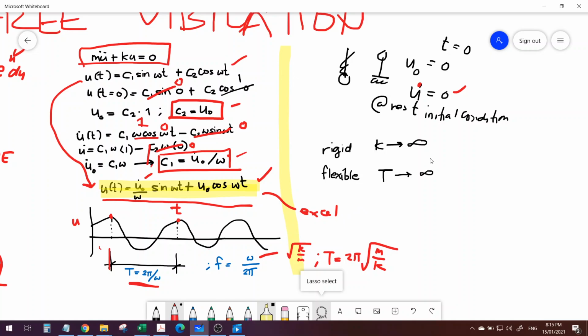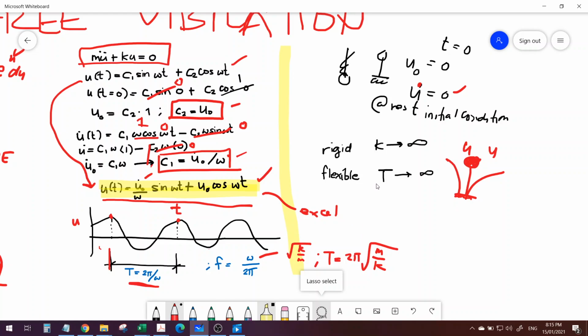Imagine your structure has no damping. If it vibrates, it is infinite, it never stops, because you have no damping. That's the physical meaning of that. And when you plot the displacement u, you will come up with this.